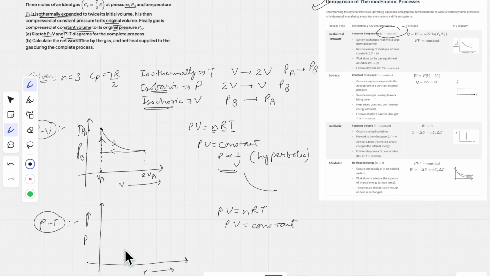But now you need to know whether we have to draw it like this or this. Since P is inversely proportional to V, if V increases, then pressure should decrease. Cool. So let's say the initial pressure is PA and the initial temperature is TA.